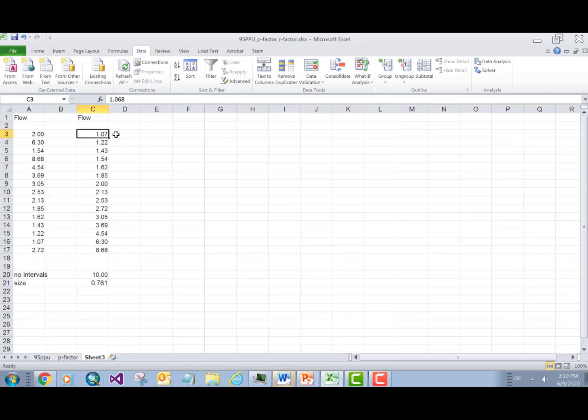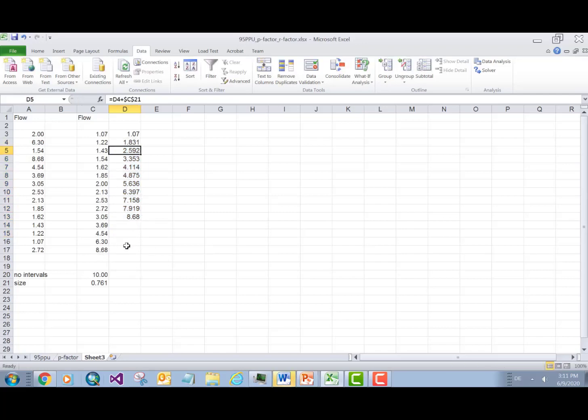So the first one is itself, 1.07. And then the next one would be this one plus the interval. So the next one is going to be equal to this one plus my size of interval, and then I'm going to fix this C21 with a dollar sign, and then I just copy this all the way down until I reach my last number, which is this one, so I don't need this one.